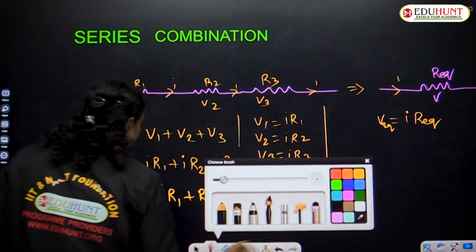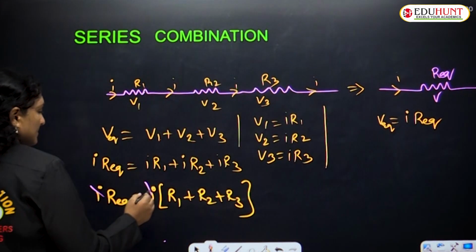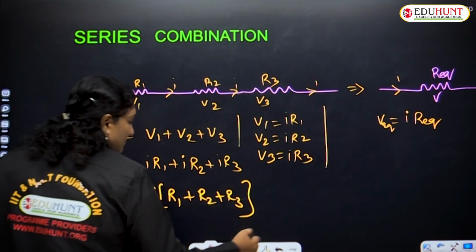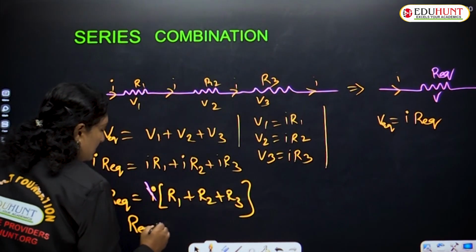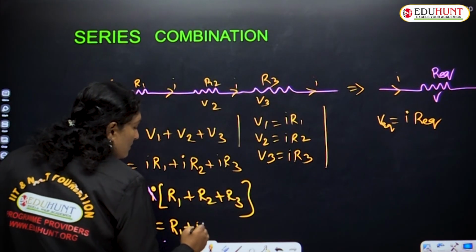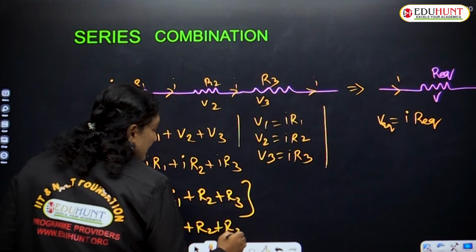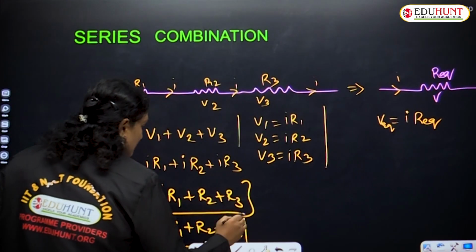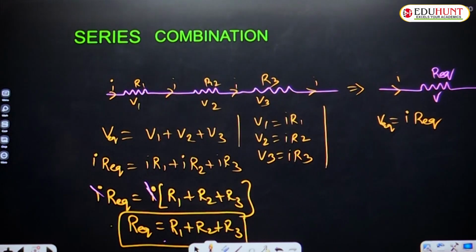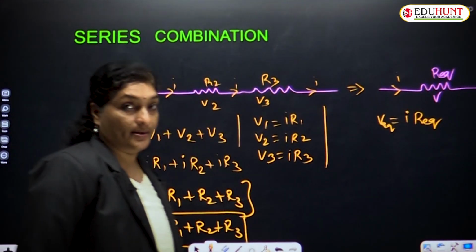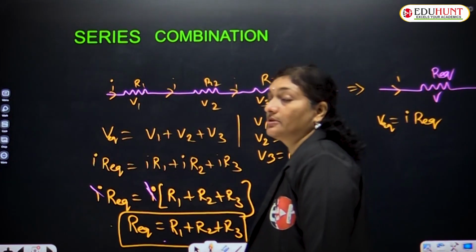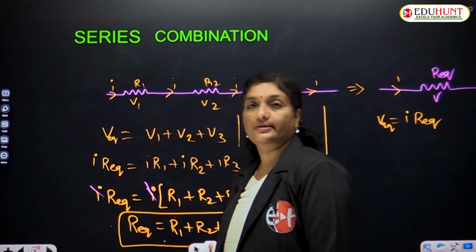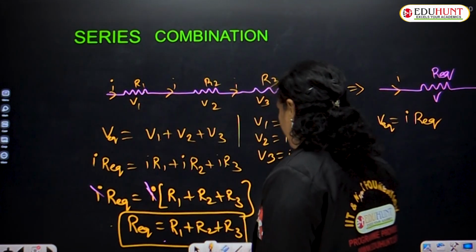Simplifying further, this I and I get cancelled. Then we observe that the equivalent resistance is equal to the sum of the individual resistances when connected in series. So whenever resistors are connected in series, R equivalent is equal to R1 plus R2 plus R3.